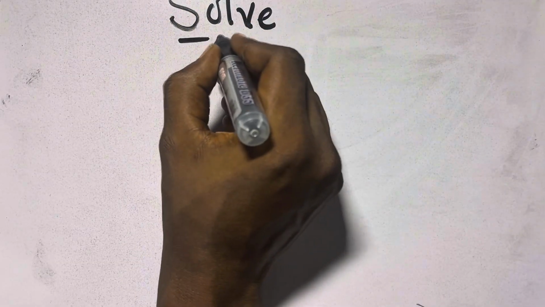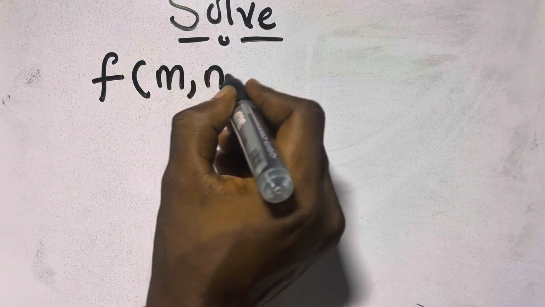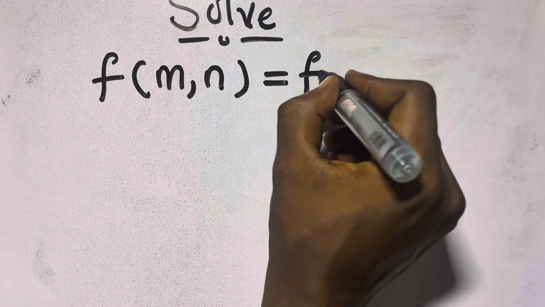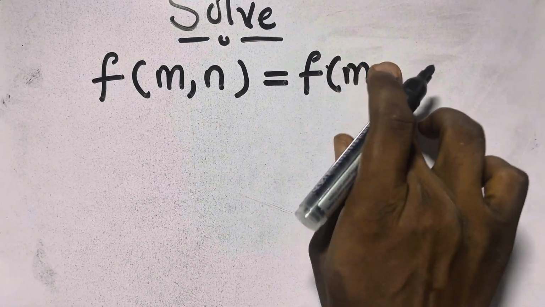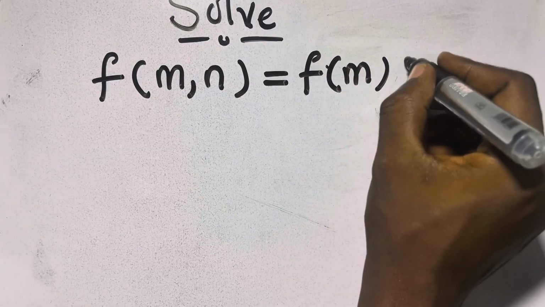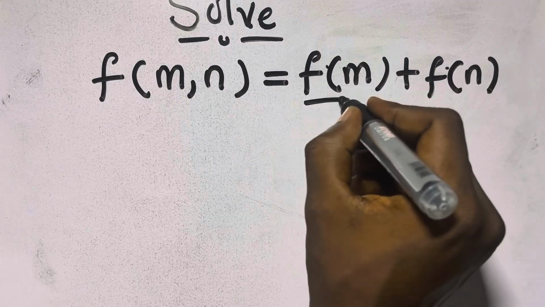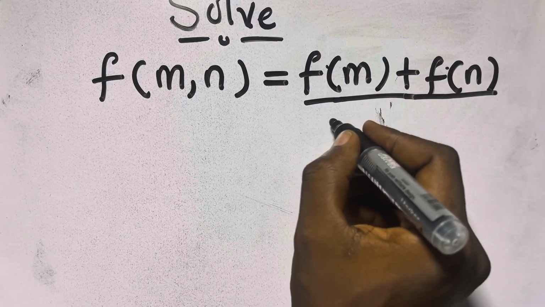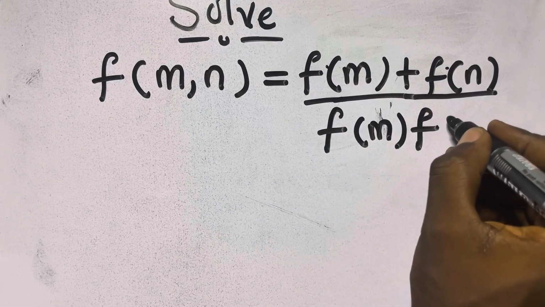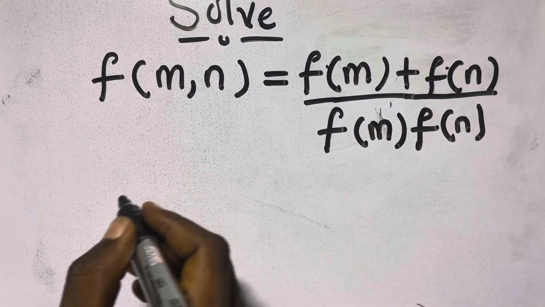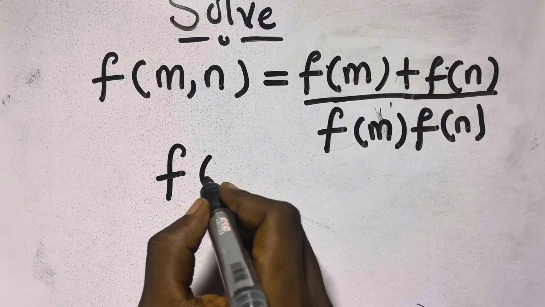So you can solve this: f of mn equals f of m plus f of n divided by f of m multiplied by f of n. You can try to solve this, and what you are finding is f of n.